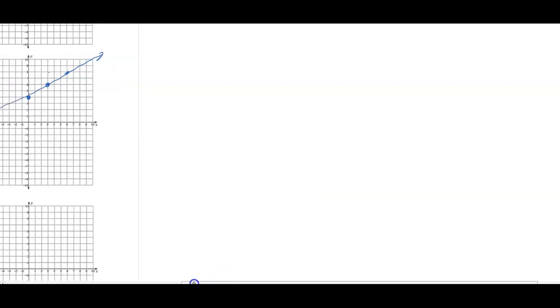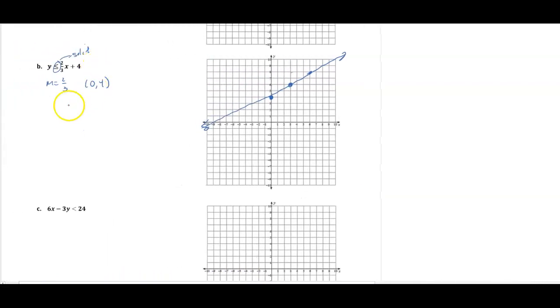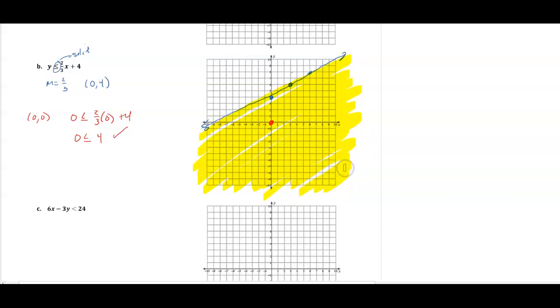Then, I'm going to use (0, 0) as my test point. Is 0 less than or equal to 2/3 times 0 plus 4? Is 0 less than or equal to 4? That checks out. Since (0, 0) makes it a true statement, I know that I'm going to shade on the side of the boundary line (0, 0) is on. And that would be the graph.